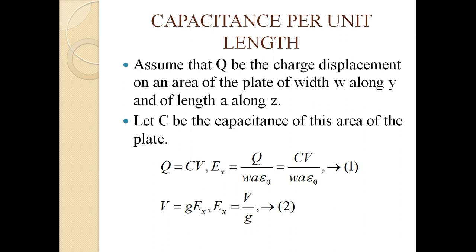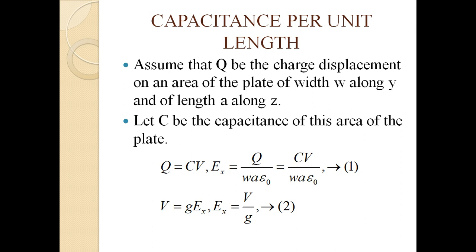Then all of you know that the charge on the plate Q is equal to the capacitance into voltage V, C into V. Similarly, the electric field along x direction Ex is equal to Q by WA epsilon 0, or this is equal to CV by WA epsilon 0.